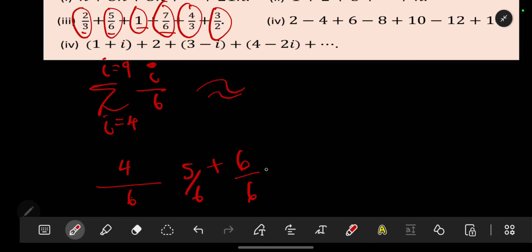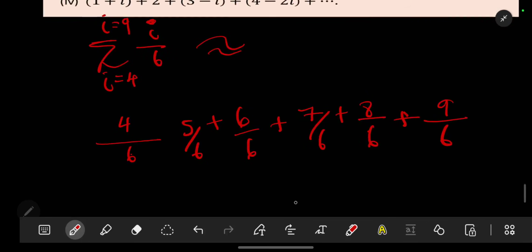Then plus 7 over 6, plus 4 over 3 is the same as, if you multiply 4 by 2 is 8 over 3 by 2 is 6, plus finally 3 over 2. To get to 6, you need to multiply by 3 down here, so that 2 times 3 gives you 6, but whatever you multiply on the denominator, multiply it on top. So 3 times 3 is 9. So this is the series.